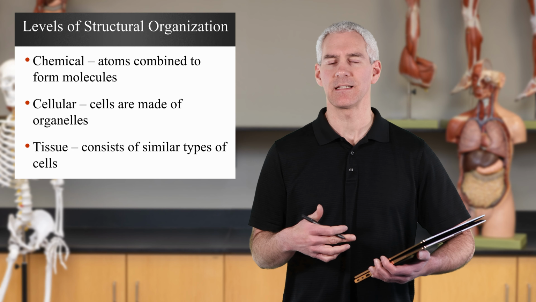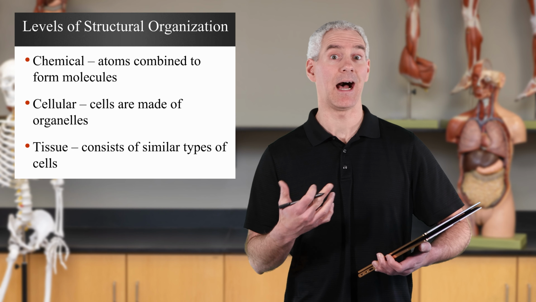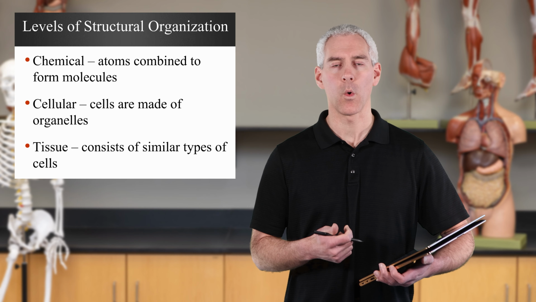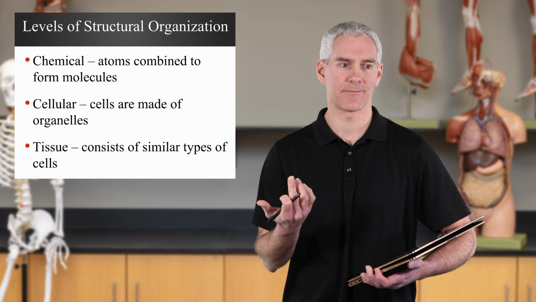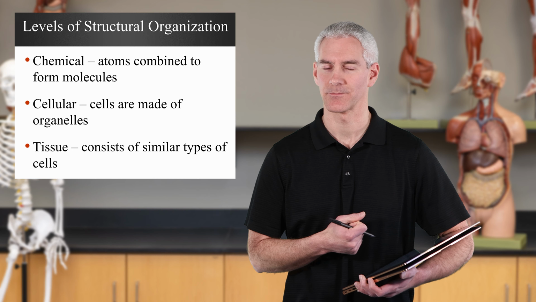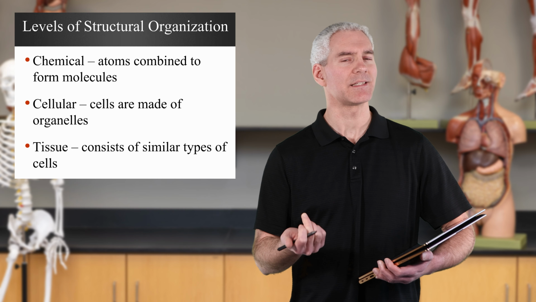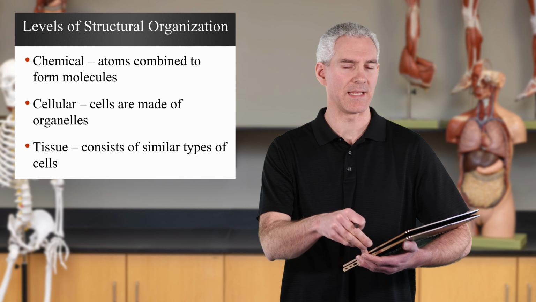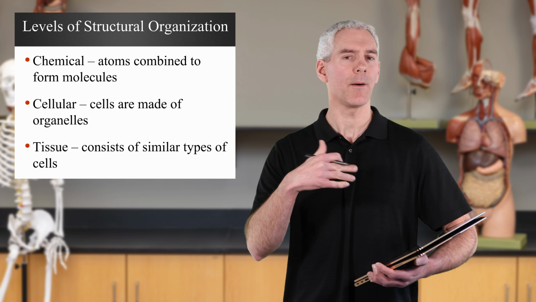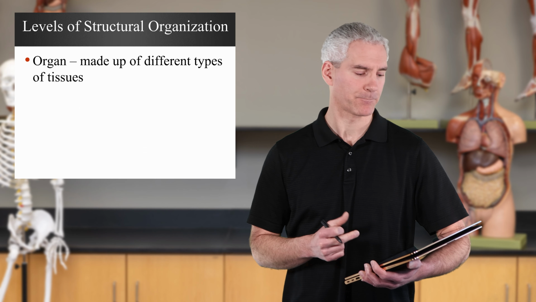So you can think of the tissue level as things like osseous tissue for bone, or skeletal muscle tissue that makes up, for example, your biceps brachii, or nervous tissue that makes up your brain. That's the tissue level. Again, we're building from basic chemistry up to more complex.